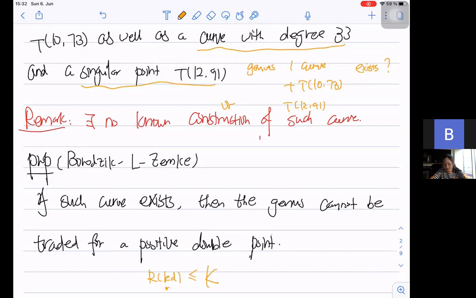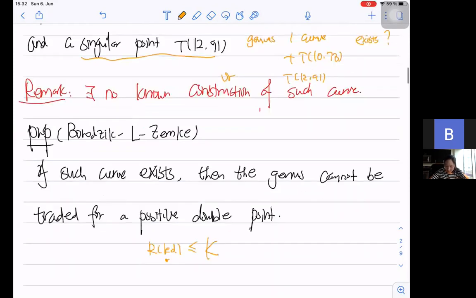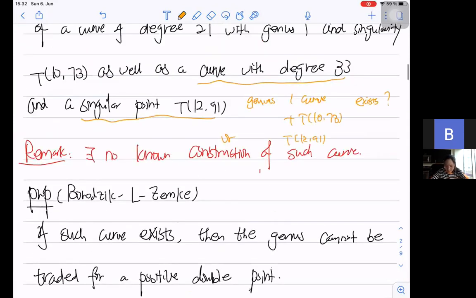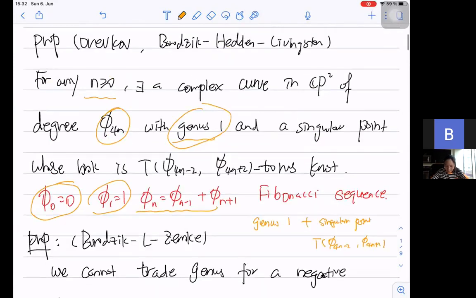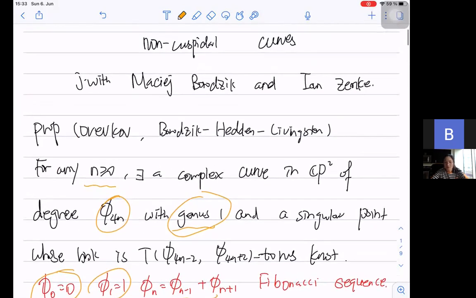In that case, we can say that if this curve exists, then the genus cannot be traded for positive double points. However, the problem is that we don't know whether such a curve exists or not. So these are two examples we had for trading genus for double points.